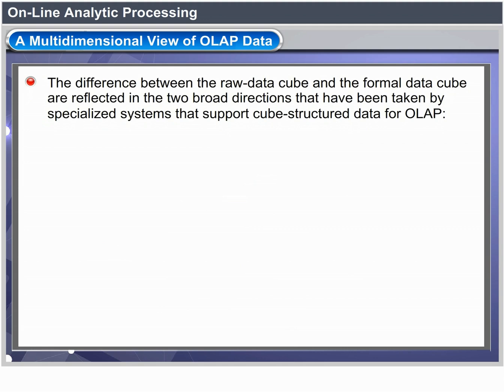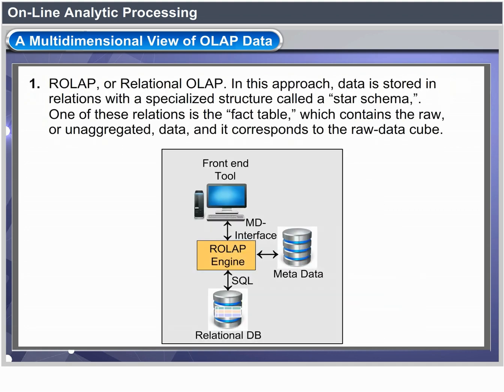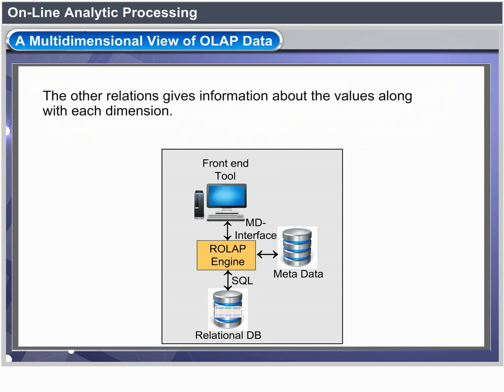Number 1, ROLAP, or relational OLAP. In this approach, data may be stored in relations with a specialized structure called a star schema. One of these relations is the fact table, which contains the raw or unaggregated data and corresponds to what we called the raw data cube. Other relations give information about the values along each dimension.